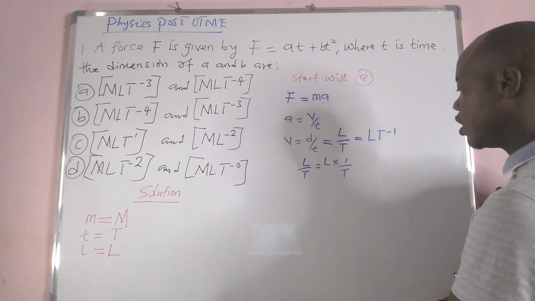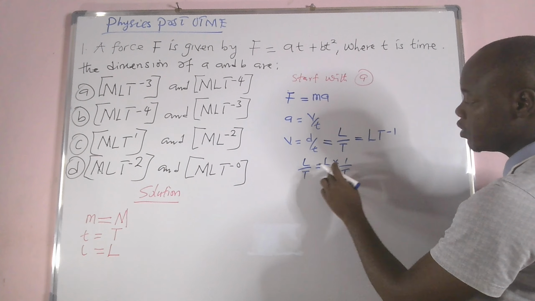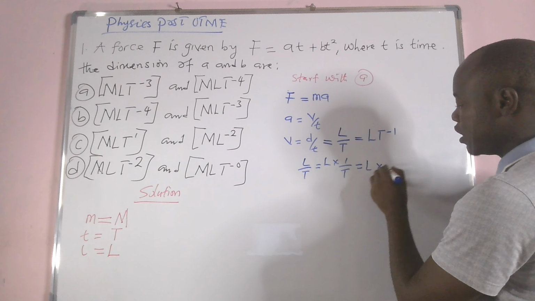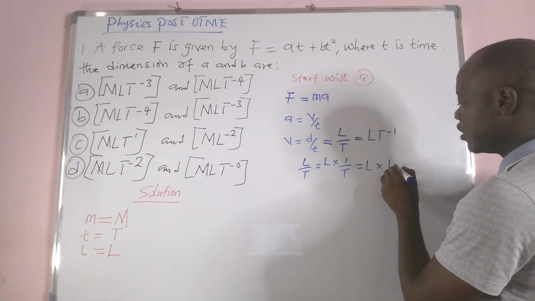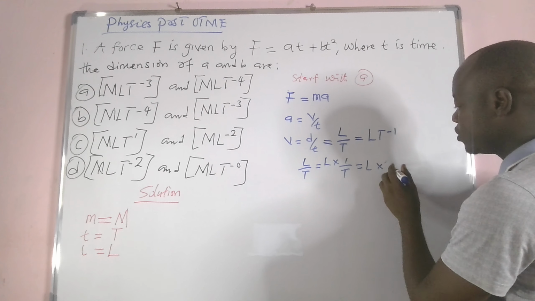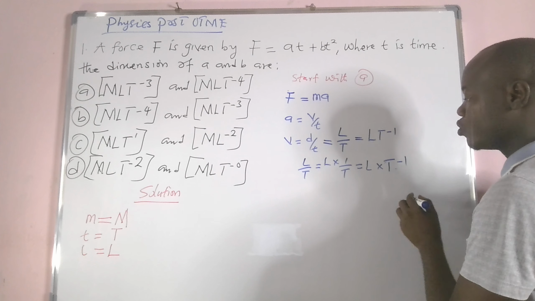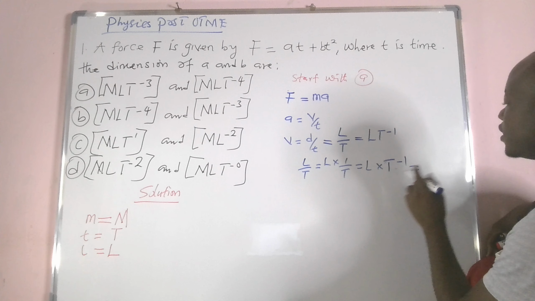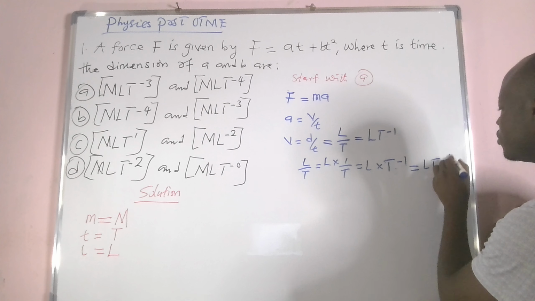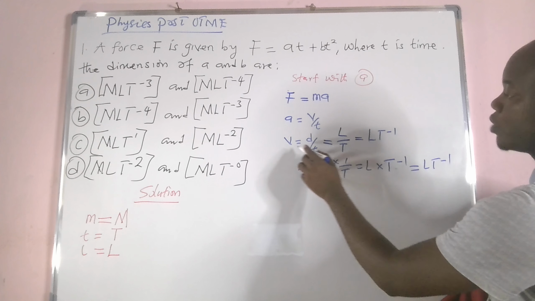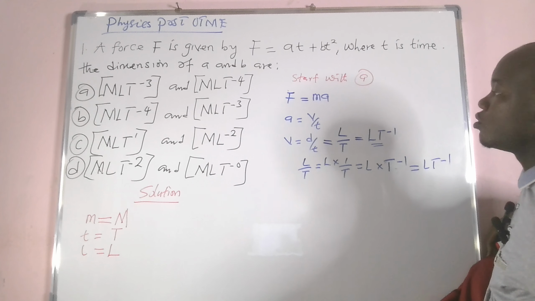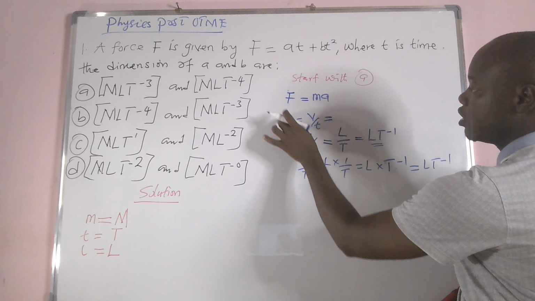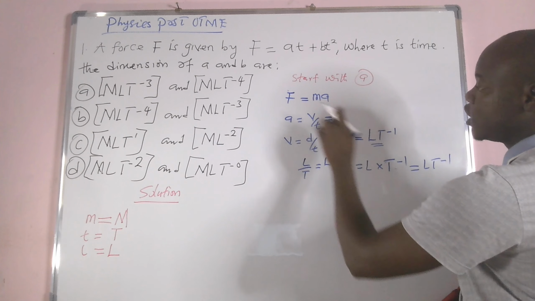So this is the same thing as L times T raised to the power of minus 1. If you multiply these, it gives LT⁻¹. That is why the dimension of velocity is LT⁻¹. Then what is the dimension of acceleration?